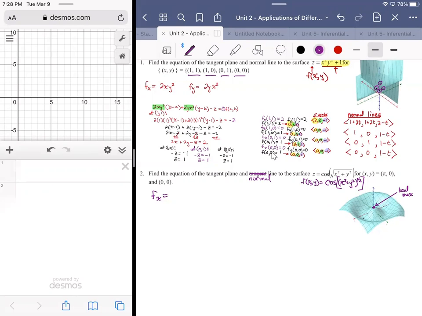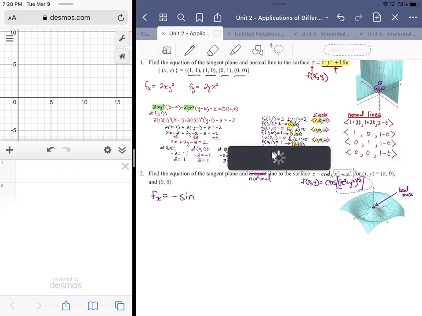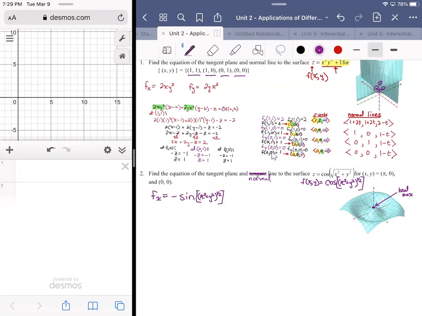It's only the x squared plus y squared that's being raised to the 1/2 power. So cosine goes to negative sine of all that stuff. Then we take the derivative of all that stuff, which would be 1/2 x squared plus y squared to the negative 1/2, multiplied by the derivative on the inside with respect specifically to x, which is 2x.